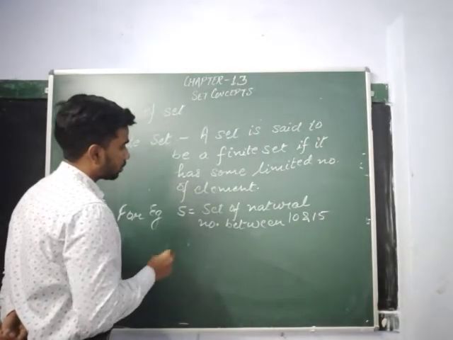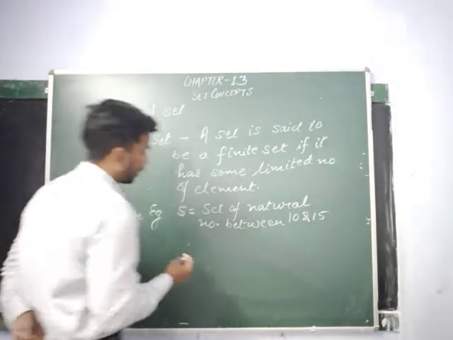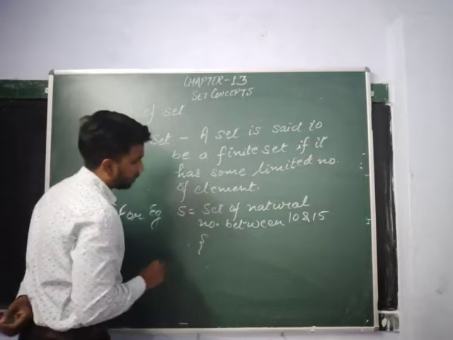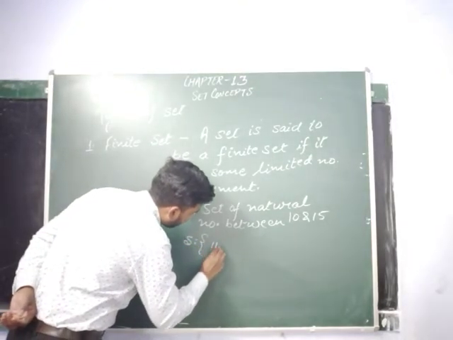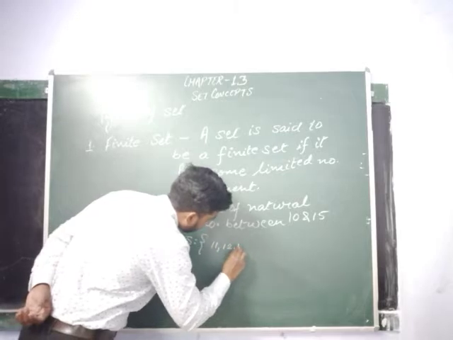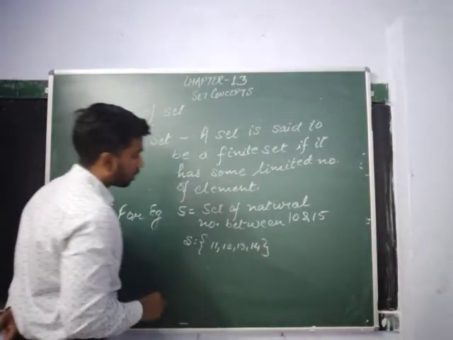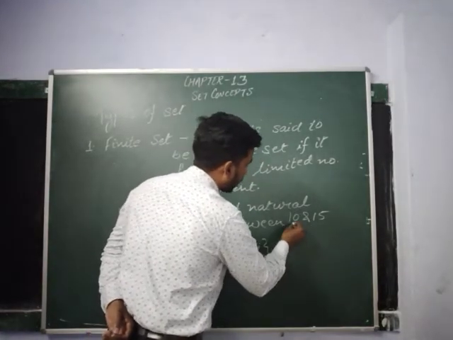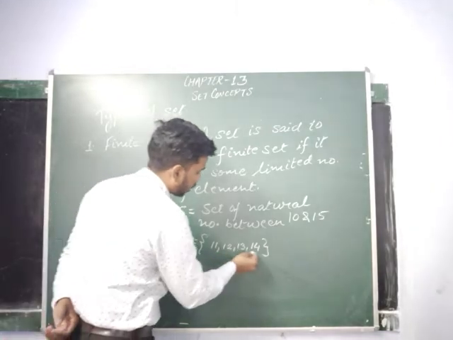So S is equals to set of natural number between 10 and 15. This is your example, and if we will make this set, it will be like this: 11, 12, 13 and 14. Okay? Why? Because we have to take the numbers in between, excluding these numbers. So 11, 12, 13 and 14.